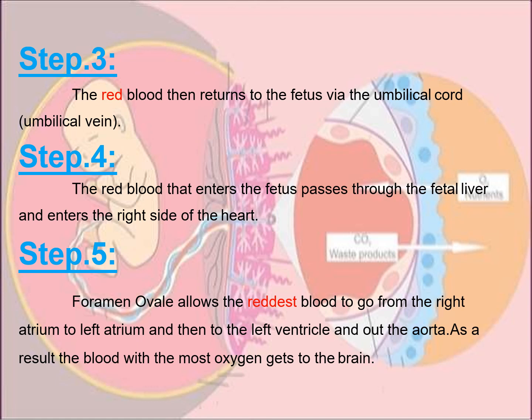And in the next step, I already told you that there is a connection between the right atrium and the left atrium through the foramen ovale. So this blood rich in oxygen will go to the left atrium, and from there to the left ventricle, and from the left ventricle it will enter into the aorta, and as a result the brain and other upper parts of the body get maximum oxygenated blood.